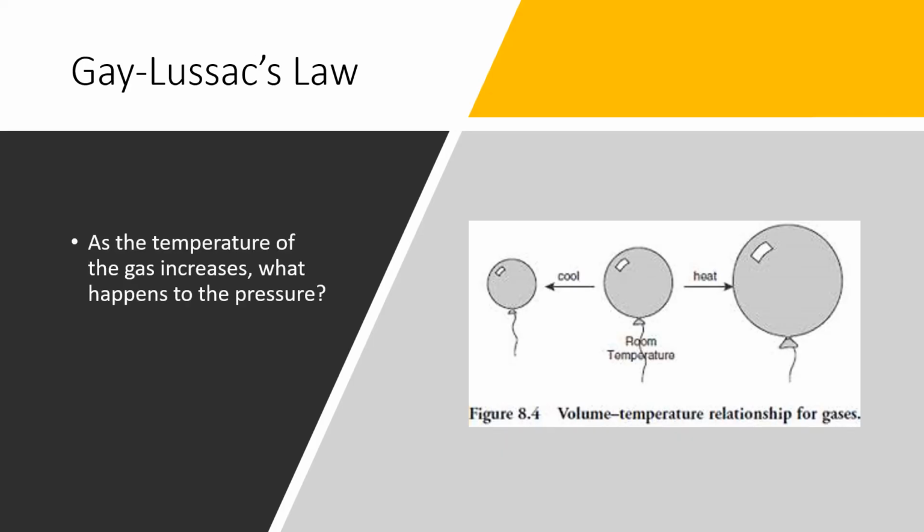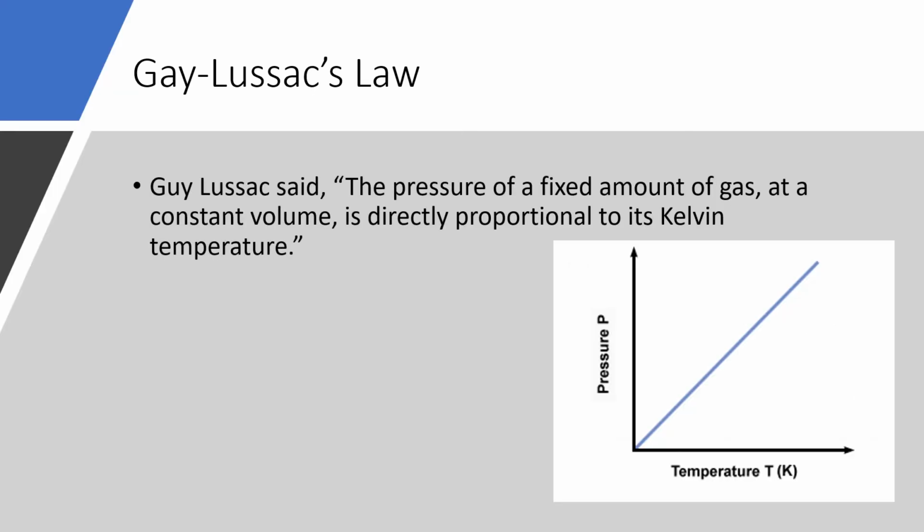Gay-Lussac's law states that pressure and temperature are directly proportional. So as temperature increases, pressure increases. Our equation for this is P1 over T1 equals P2 over T2.